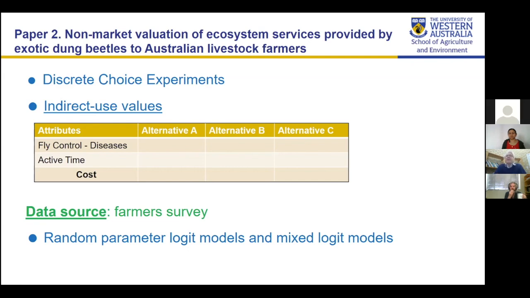You can either wait and hope your neighbours adopt, so that's where we get the time choice. You can wait for the beetles to fly or walk to your property, or you can actively engage in buying them and hope they establish, because there's no guarantee.